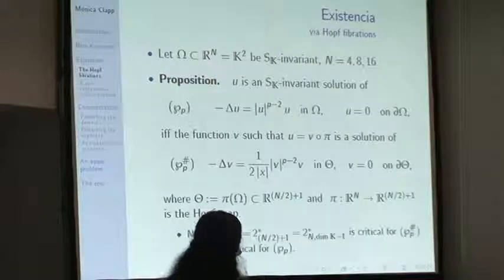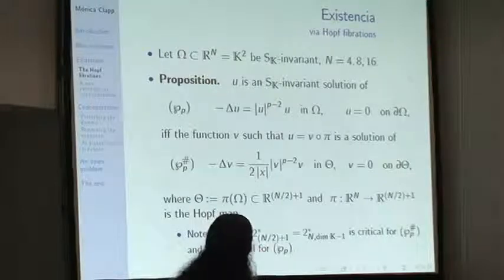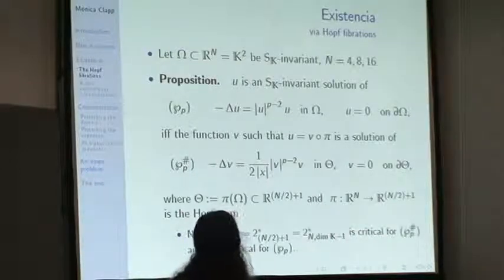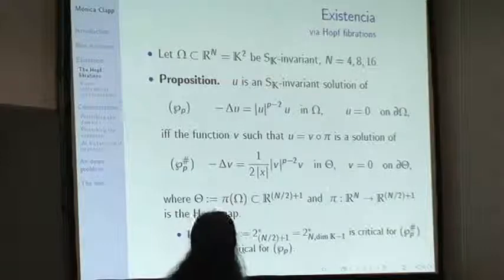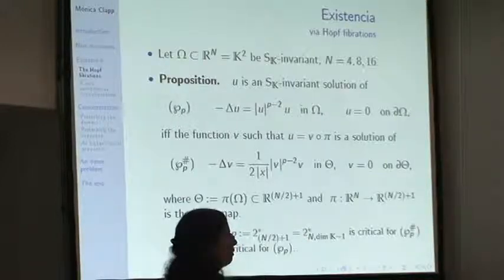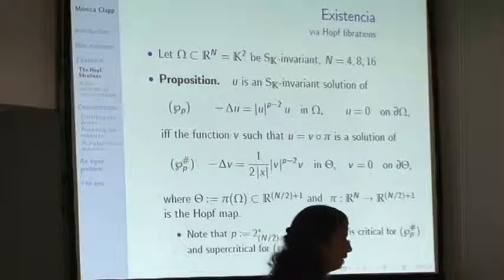So please note that the critical exponent for the problem below is the dimension of K, this critical exponent for this problem in dimension n. So if we solve the critical problem here, then we will be solving a supercritical problem there for precisely this exponent. So that's the idea.